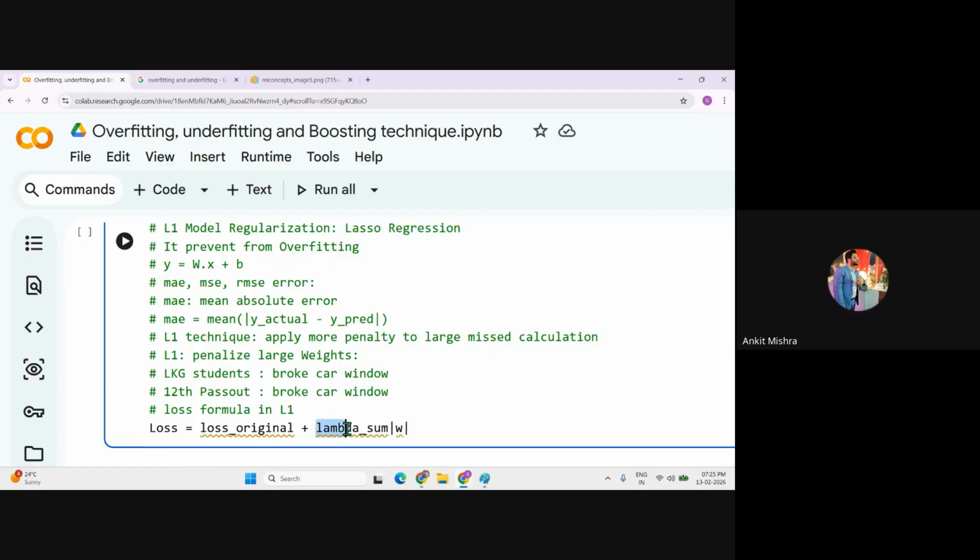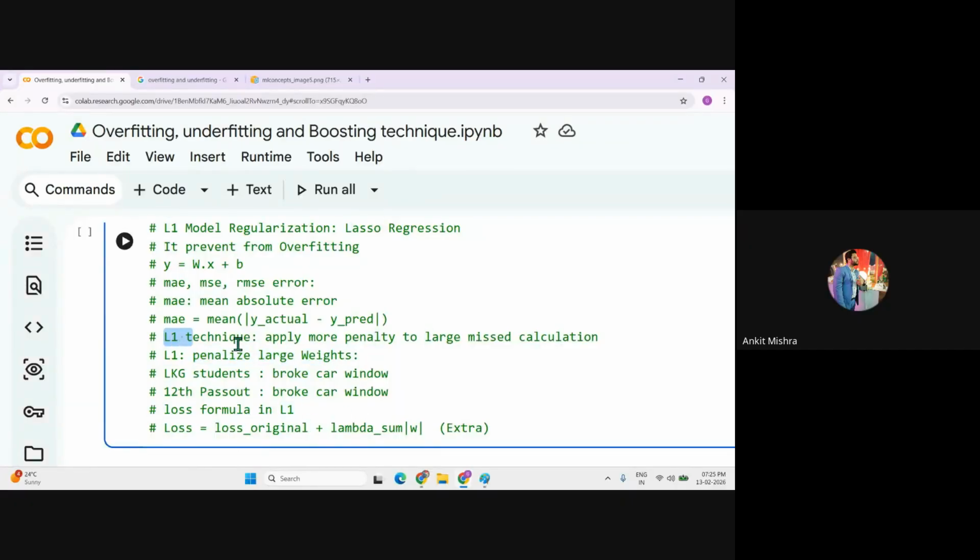So lambda is the hyperparameter tuning we generally refer to, right? We are just creating an extra loss parameter, the addition of the previous loss plus some extra loss. So this lambda times the sum of weights is the extra loss. We are giving extra loss because the model has committed some sort of mistake, so we are penalizing more with the large weights, right?